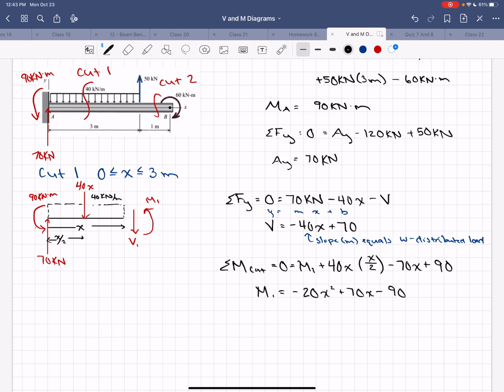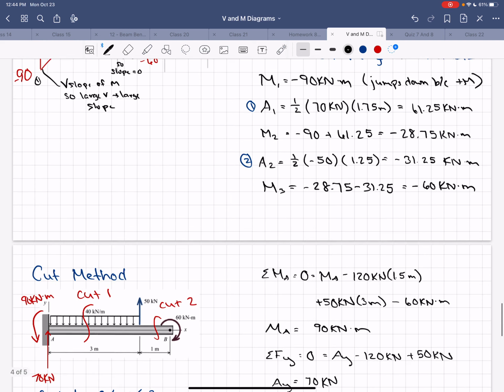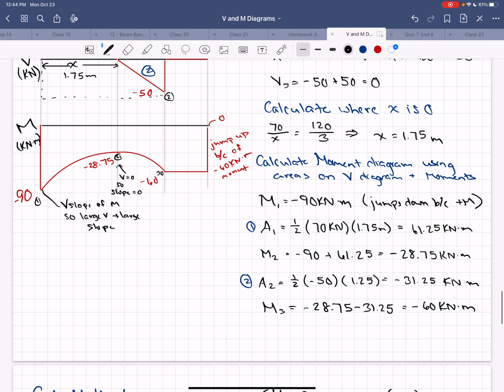Alright, and then you can plot that in your calculator or wherever and see that it matches this section of the moment diagram.